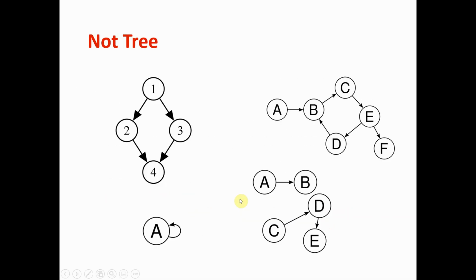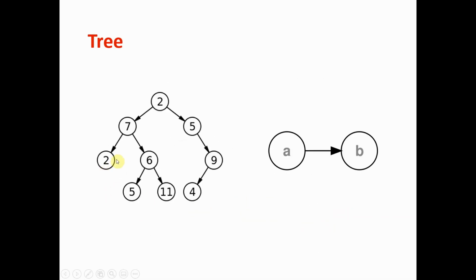So for example, in this tree, 2, 5, 11, and 4 are the nodes that have 0 children, so they are the leaves or terminal nodes of this tree. They're also called external nodes. The other non-leaf nodes are considered interior or internal nodes of the tree.